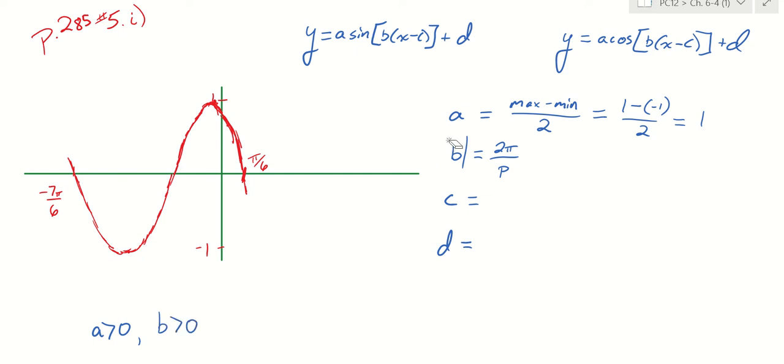So we're just going to find a positive value and keep that positive value. It doesn't really matter. So 2 pi over the period. So what is the period? Well, we can notice that we have one full period that's been graphed here. So here, between these two centerline points, we have one full period.